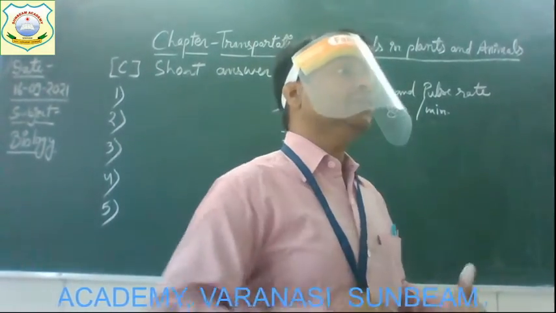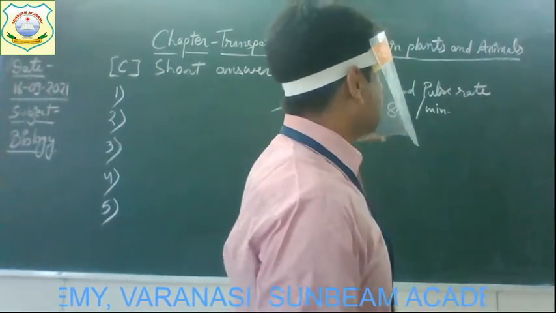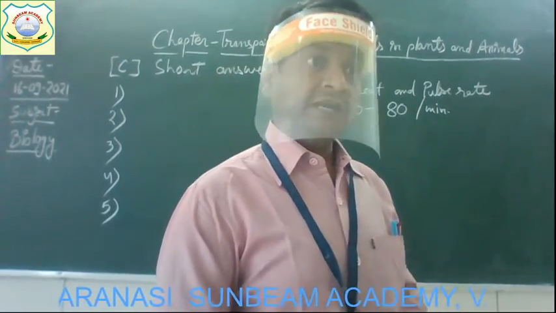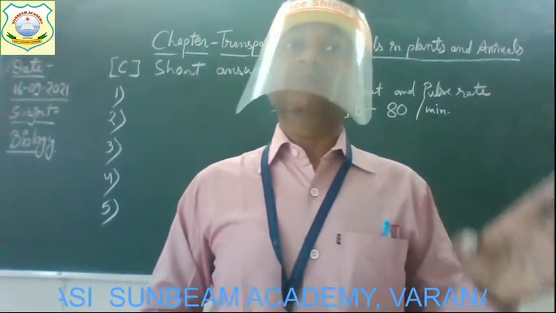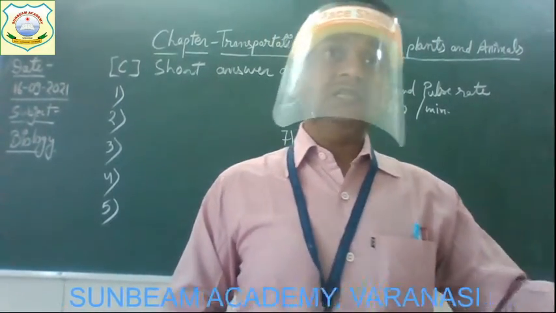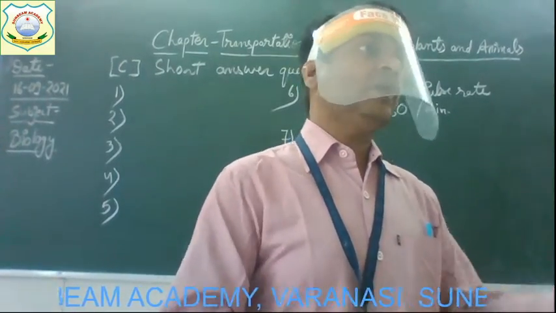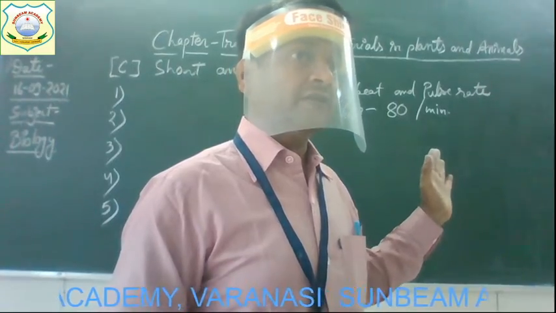As more oxygen is required, we breathe fast, and that is why the heartbeat increases. To get more energy, more oxygen is required, and to supplement it, we breathe fast. That is why our heartbeat increases after running.